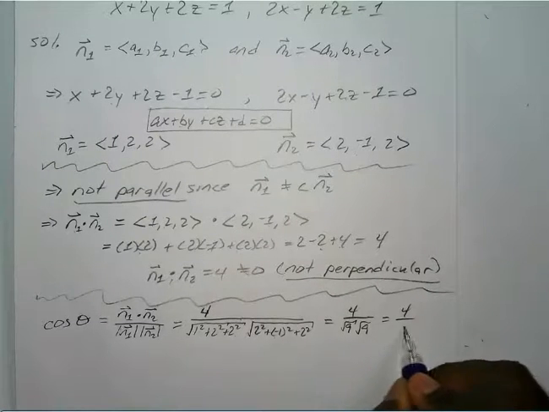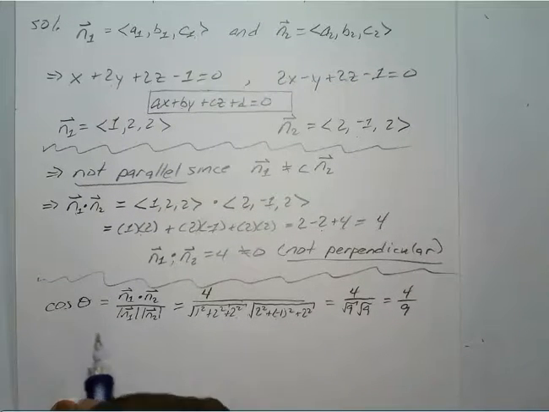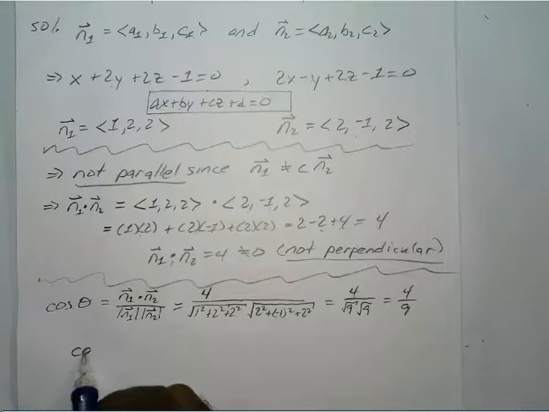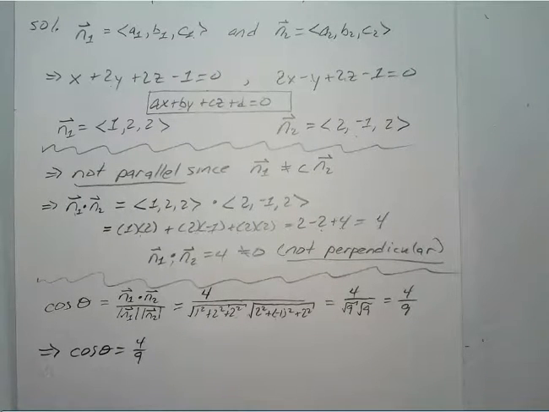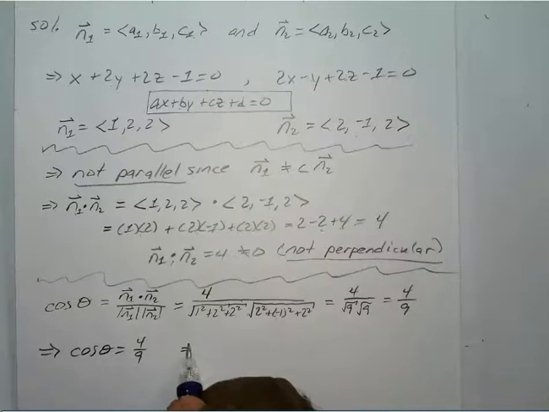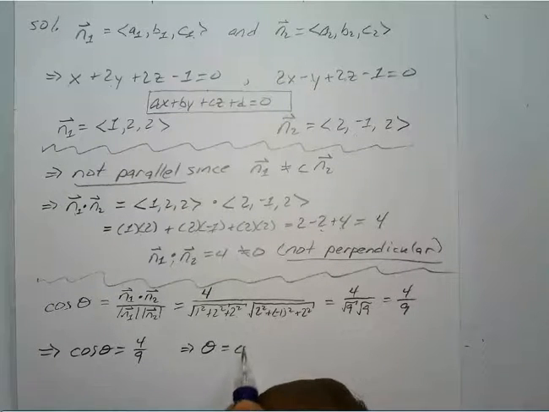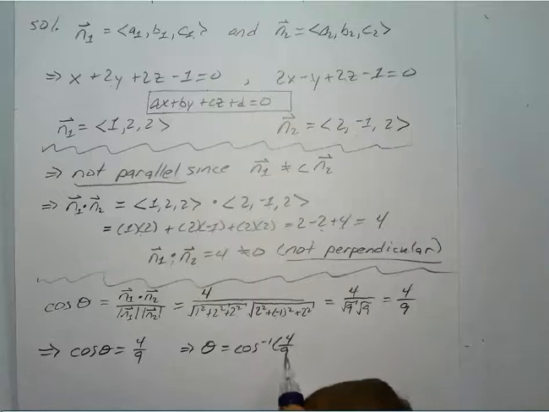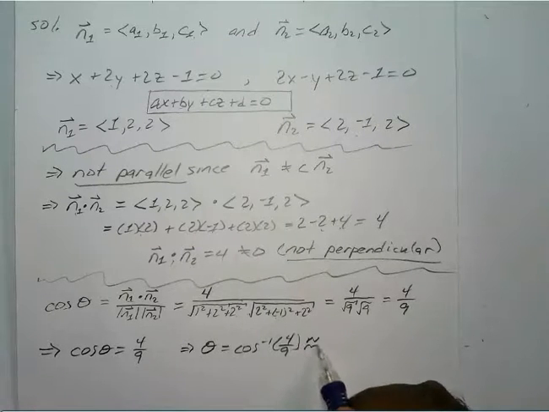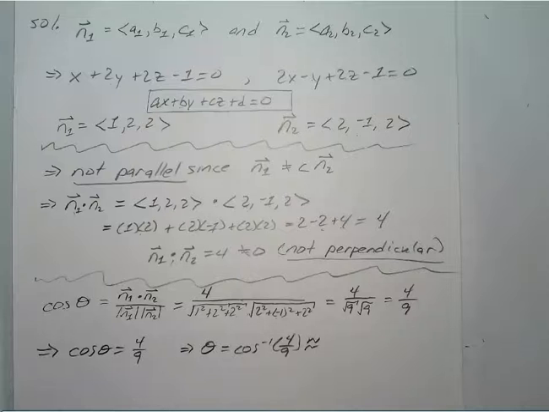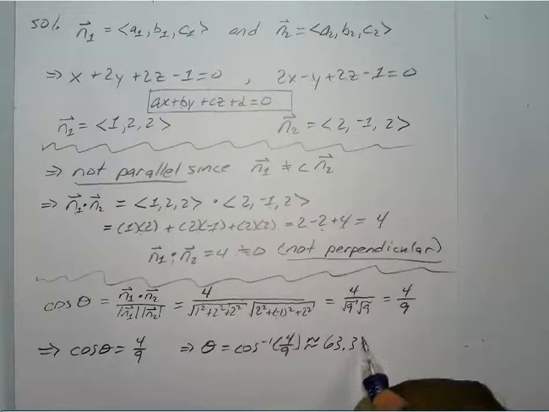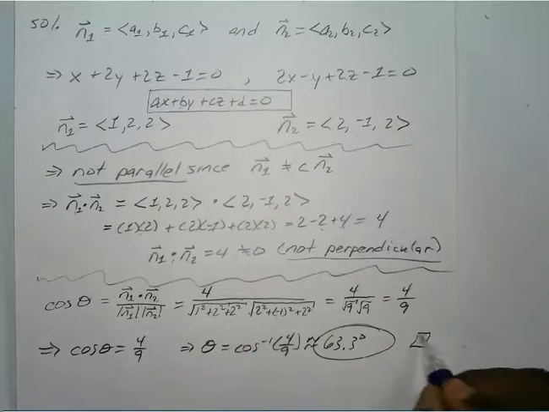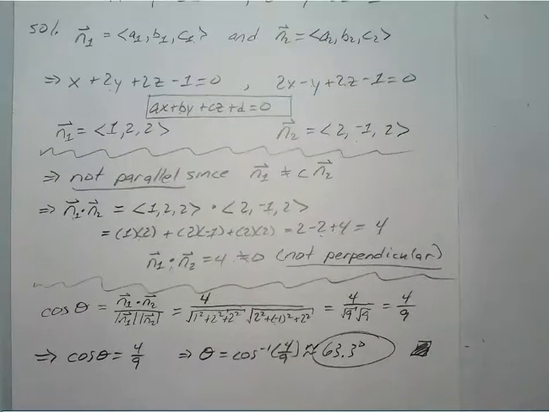So that gives us 4 over 9. Cosine theta equals 4 over 9. Apply cosine inverse to both sides, so theta is equal to cosine inverse of 4 over 9. Hopefully your calculators are set to degrees, because if so, you would have 63.3 degrees as your answer. That would be the angle between these two planes.